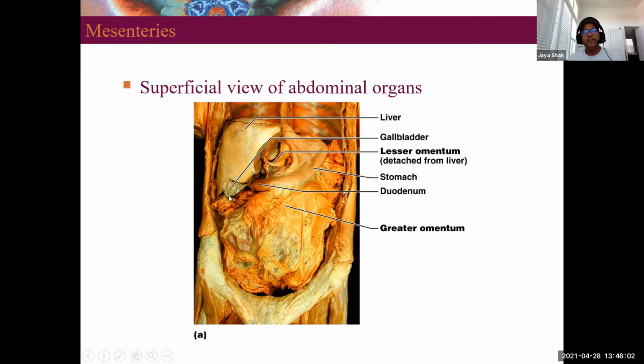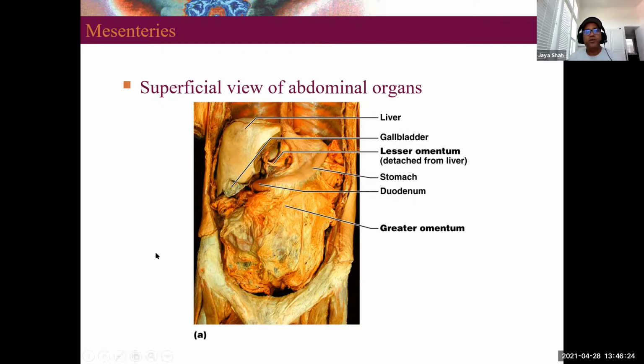Coming from the liver, these two are the lesser omentum from the lesser curvature, and the ligamentum teres, which is called here, don't worry about that. That comes, and they are ventral mesentery, which is attached to the ventral surface of the abdominal wall.